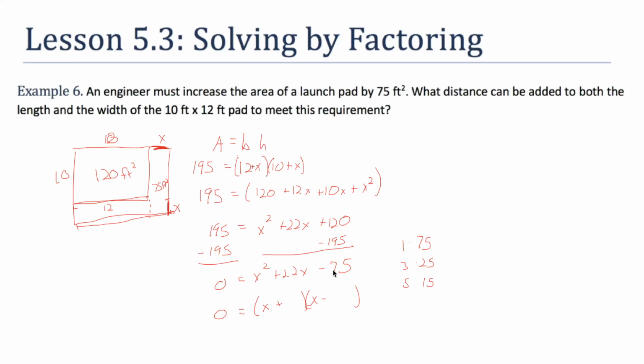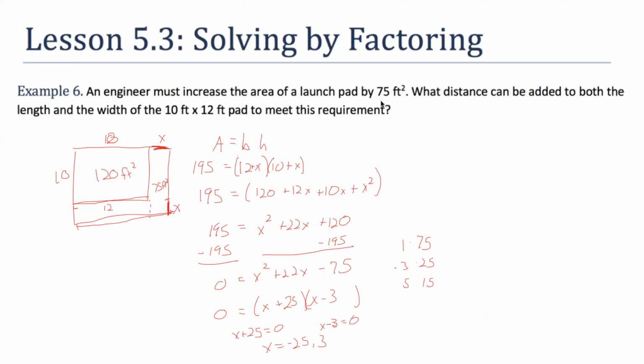And the factors of 75, thinking about positive and negative, that give us 22 would be a positive 25 and a negative 3. So either x plus 25 equals 0 or x minus 3 equals 0, which gives us x equals negative 25 or 3.